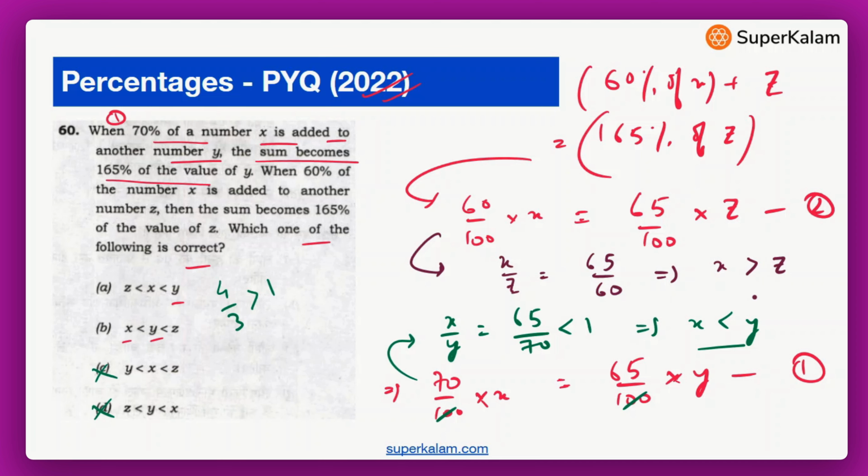So y is greater than x and x is greater than z. Here in the second statement, x is lower than z, z is greater than y and z is also greater than x. So this is wrong. z is less than x and x is less than y. So A is the right option.